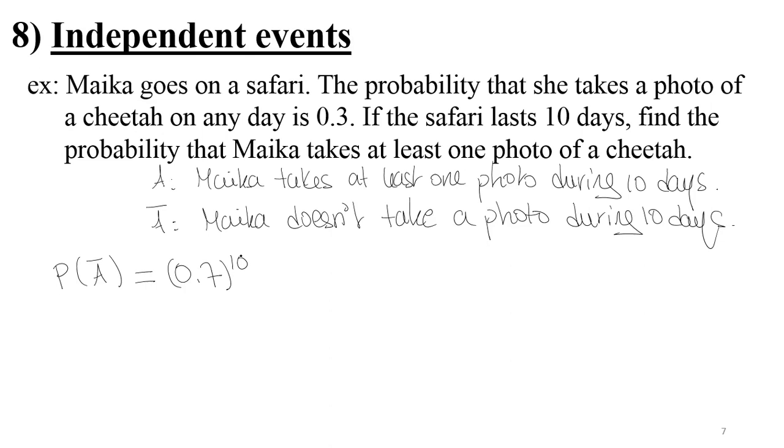So the probability of their intersection is the product of these probabilities. So the probability of A bar is 0.7 to the 10.